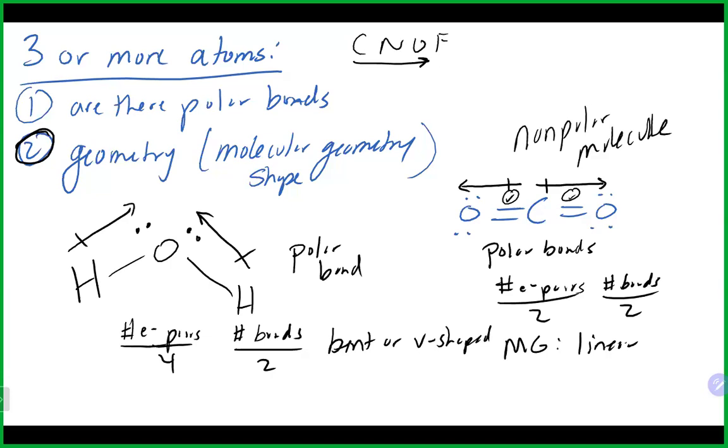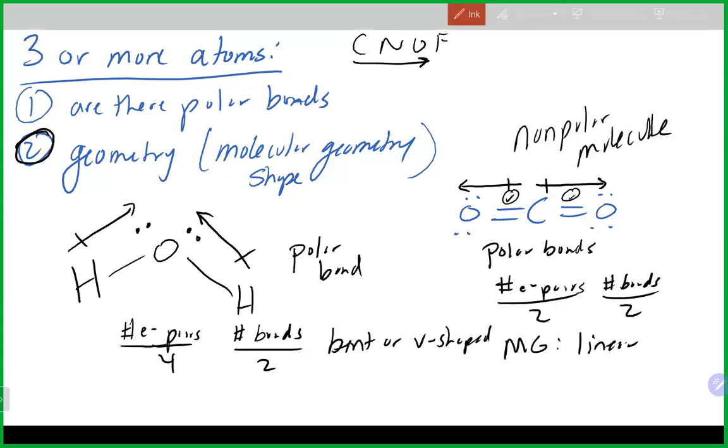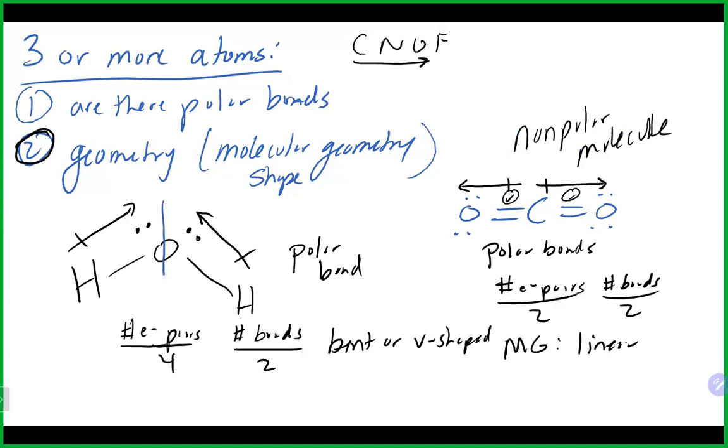And in this case, they actually will add to each other, and those polar bonds will result in what is referred to as a net dipole moment happening in this direction, where the oxygen side of water is more negative. The hydrogen side of water is more positive because of this, and this would be a polar molecule.